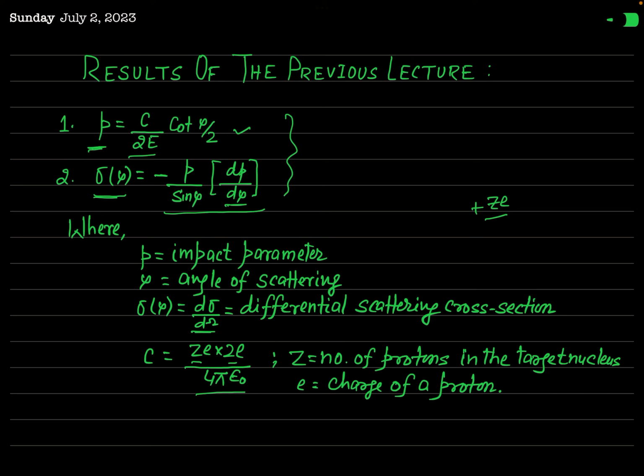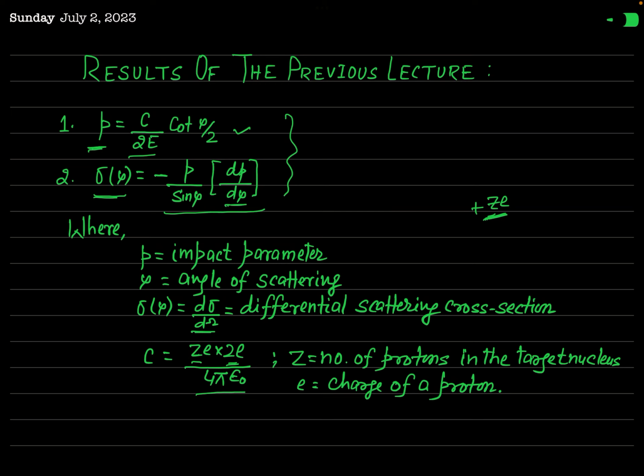Then you can write this plus ZE instead of this 2E, because 2E is particularly the charge of alpha particle, but in general if you consider that there is a projectile whose charge is plus ZE, don't confuse this small z with this capital Z. This capital Z is atomic number or number of protons in the nucleus, but this small z is a number in whose multiple the charge of the projectile has been expressed. Okay, so C is equal to this much.